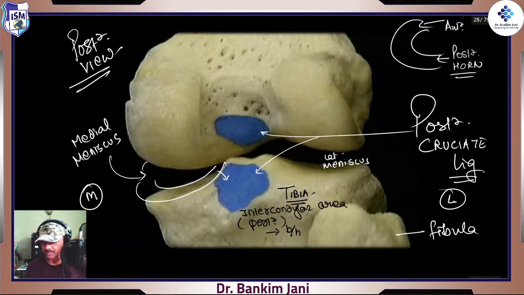So now be clear. Don't tell someone that just behind medial meniscus. Otherwise this medial meniscus won't feel good. It will say, give the proper location. Behind posterior horn of medial meniscus. Very scientific, right?